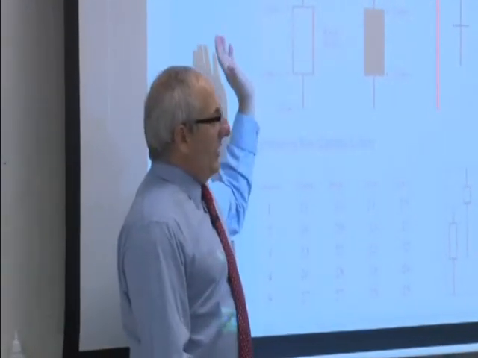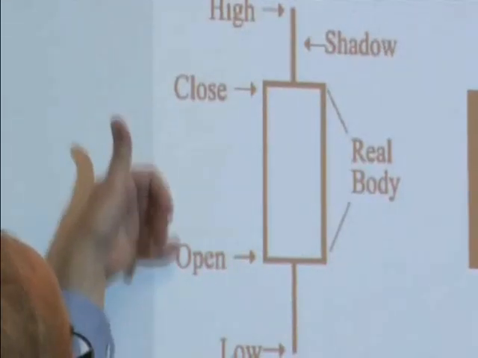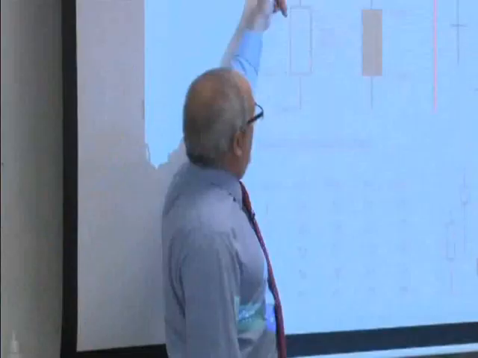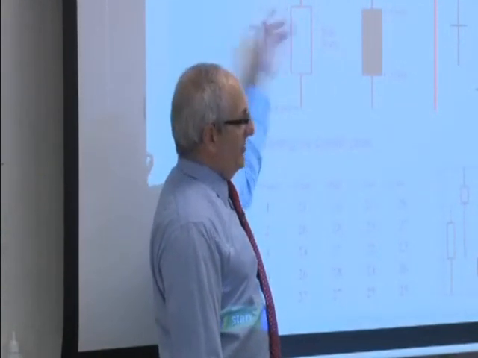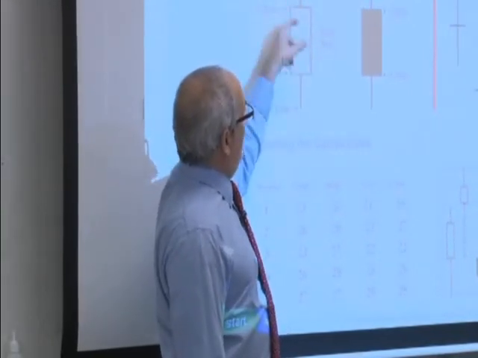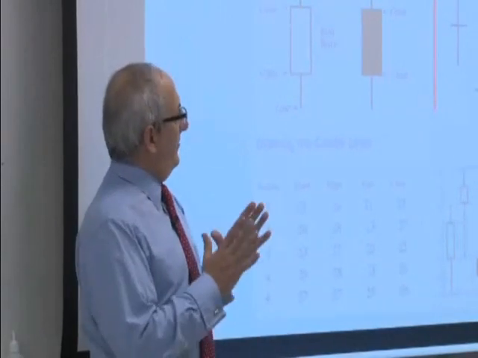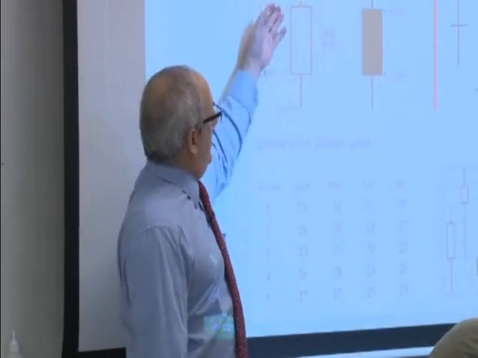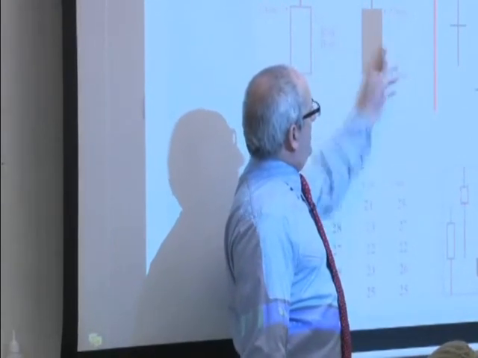In the old days, you had white paper, so in a case where the open was lower than the close, in other words, the stock went up during the day, it was easy to just leave that blank. So traditionally, this is called the real body, as you can see. The real body, you would leave it white if the close is higher than the open, and you would color it in black if the close is lower than the open.